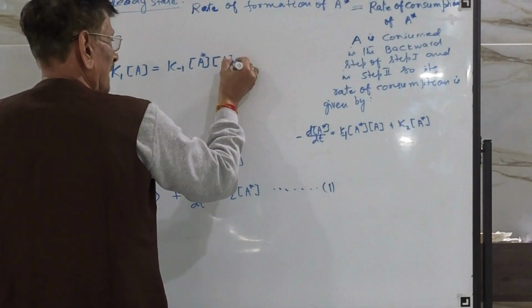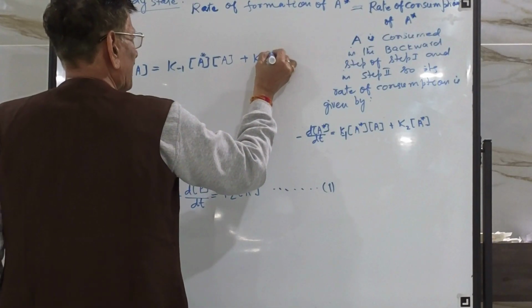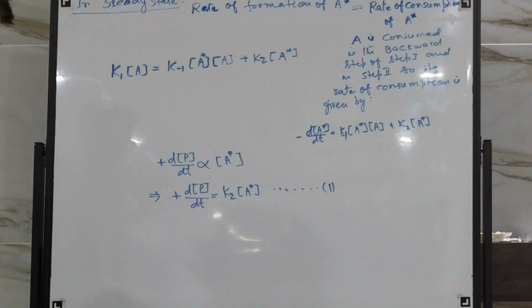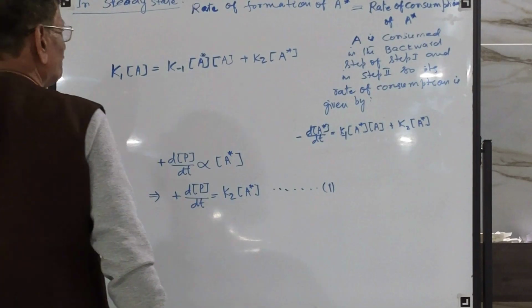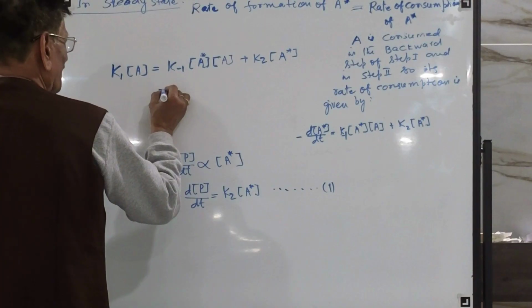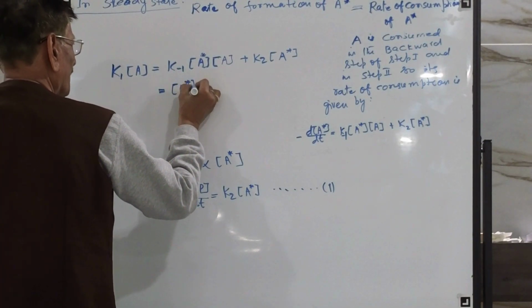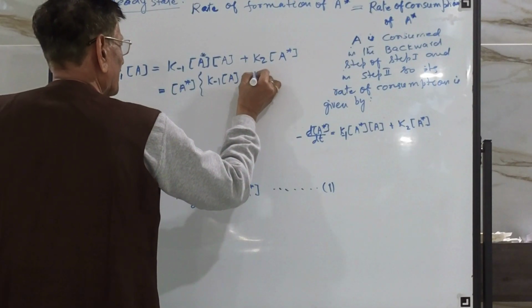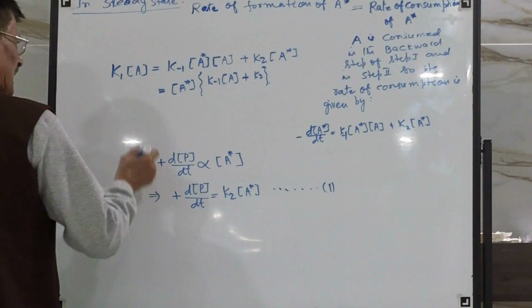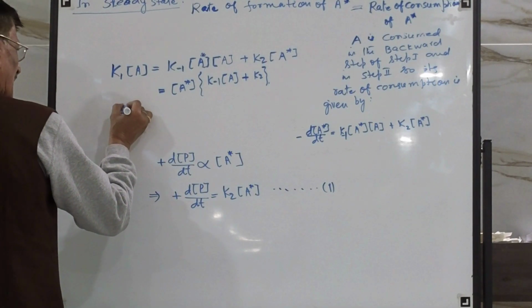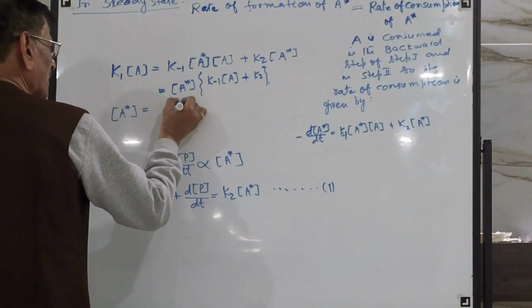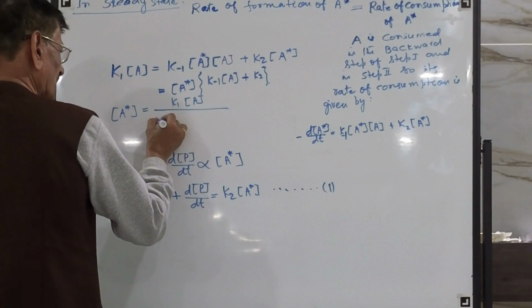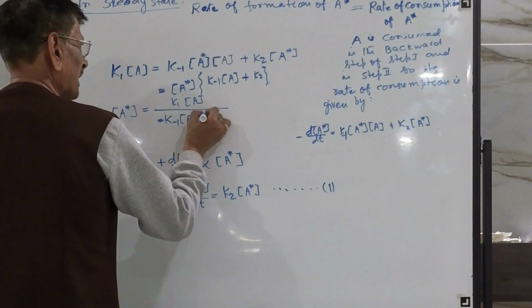Taking A star common, A star concentration is equal to K1A divided by K minus 1 A plus K2.